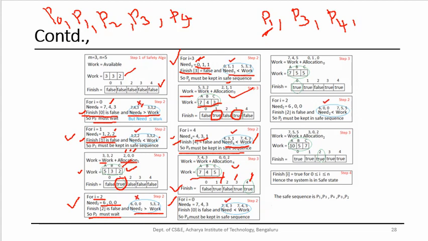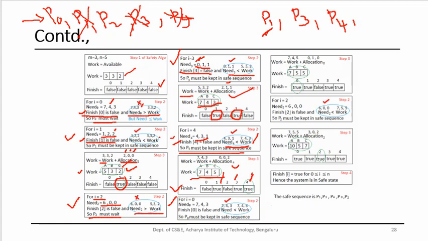Now P1 we have added to the safe sequence, P3 we have added, P4 we have added. So we come in the round robin fashion. We again come to the first, P0. Now we look at the work. If need is less than work, we can allocate the resources to process P0.